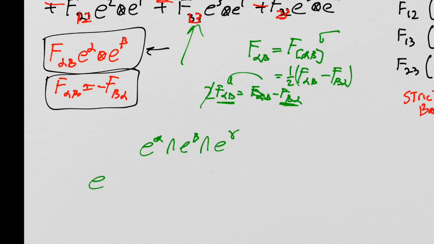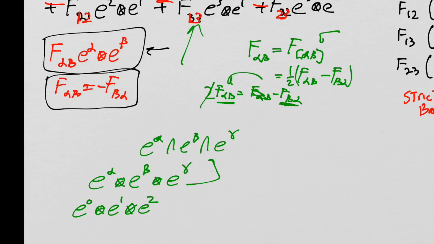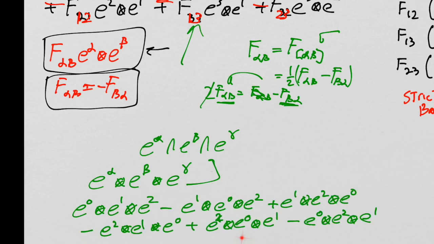And they would be formed of E alpha tensor product E beta tensor product E gamma. There would be a combination of these that would make those things. For example, you would have E0 tensor product E1 tensor product E2, plus, I think this would be it. This would be an example of a completely antisymmetric basis vector for the third exterior power, right?